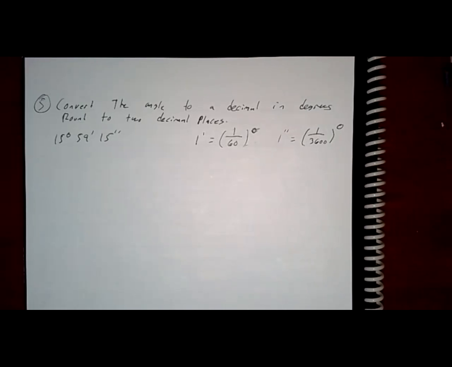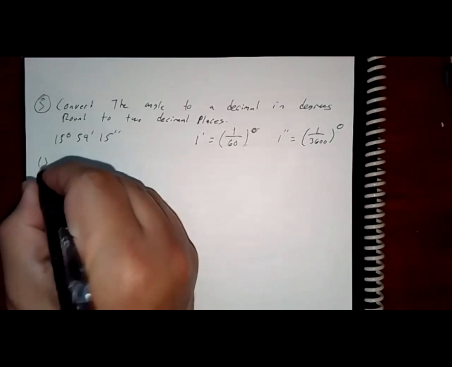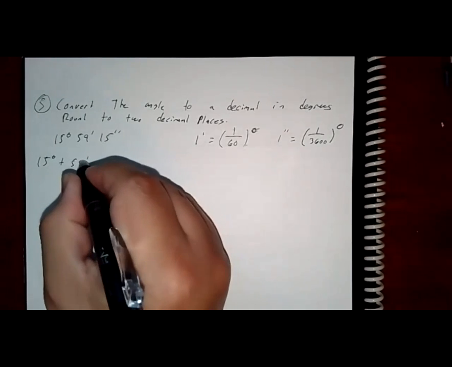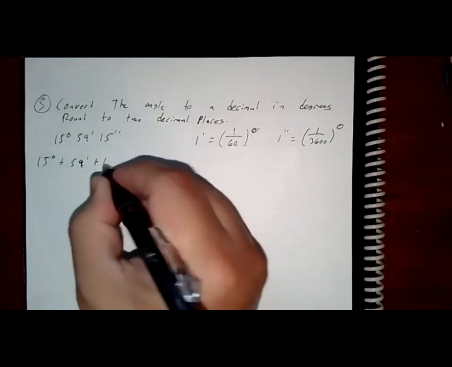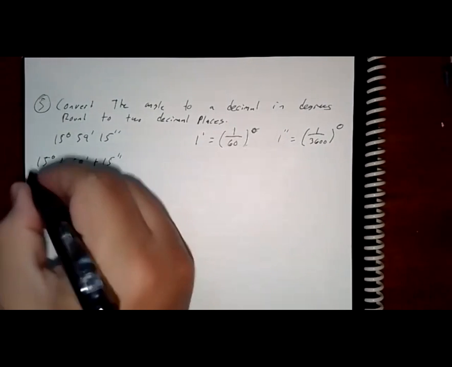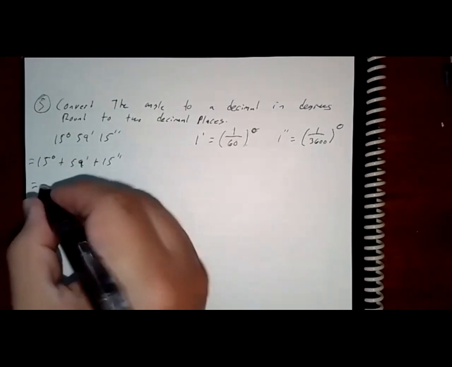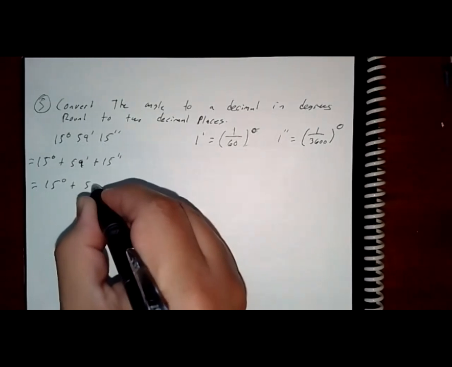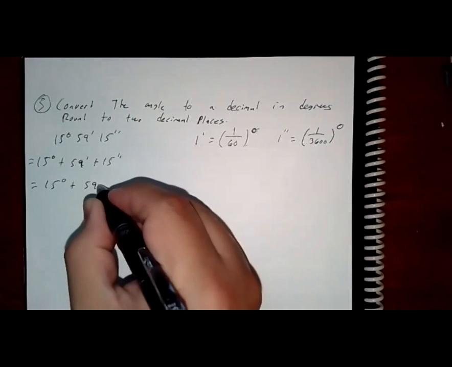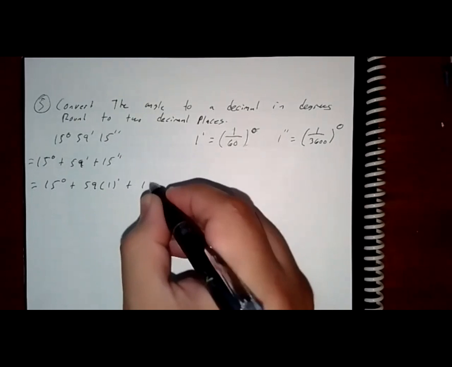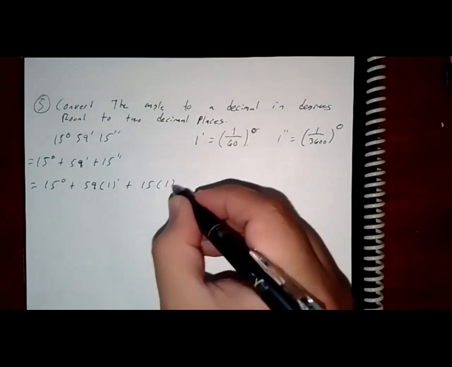Okay, so we got to separate this. So 15 degrees is done, plus 59 minutes plus 15 seconds. So change this to 15 degrees plus 59 times 1 minute, and 15 times 1 second.